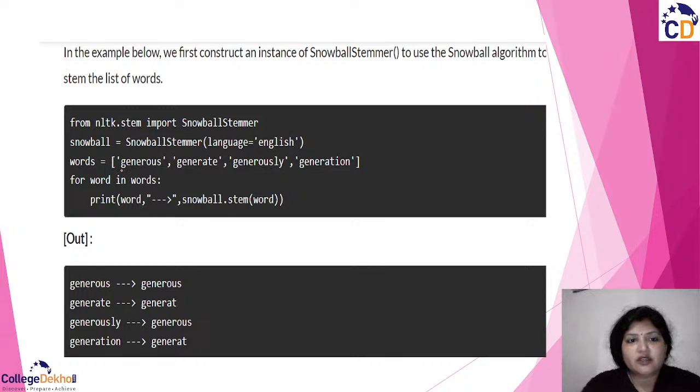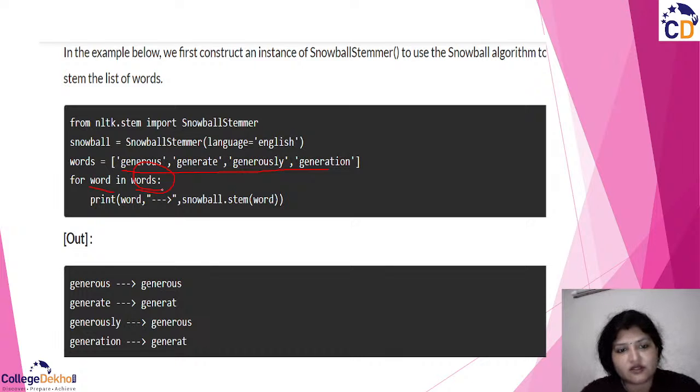Because we have taken a list of items, we need to check each and every item in the list. So here we have the first word, generous, and that is converted into generous itself. For generate, it has deleted the e, so the base form is generat without e.